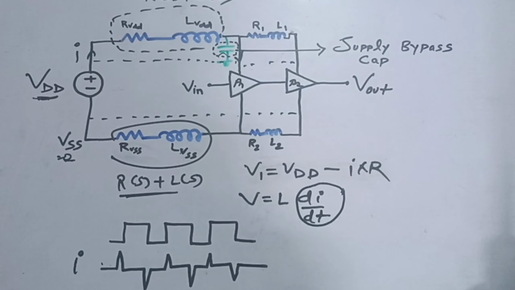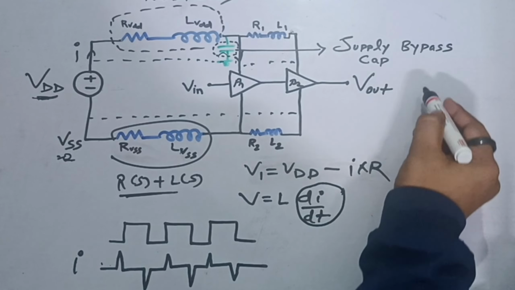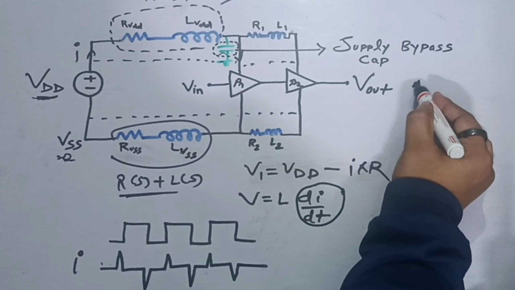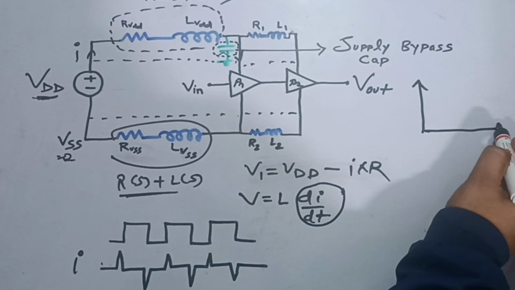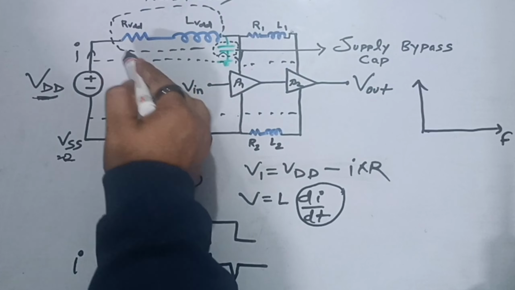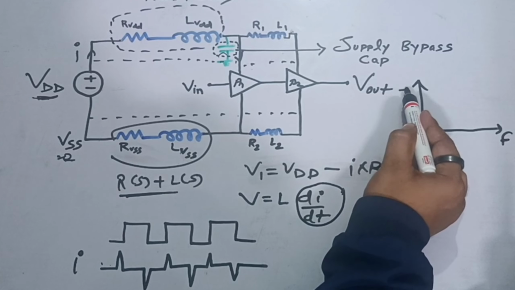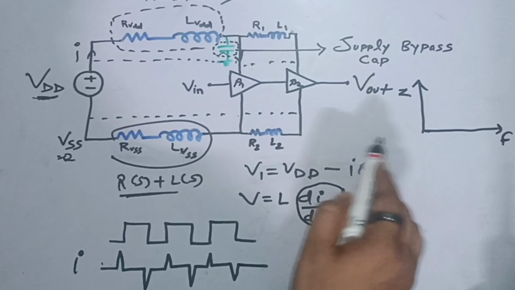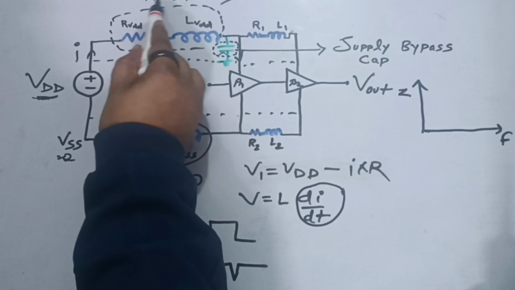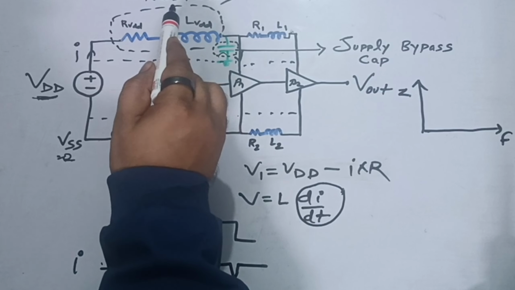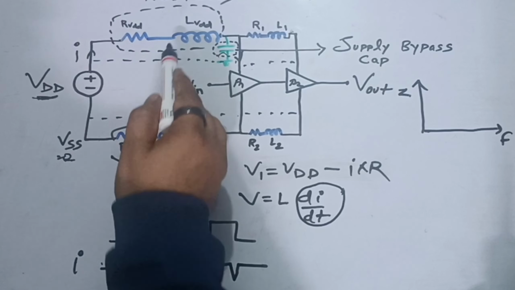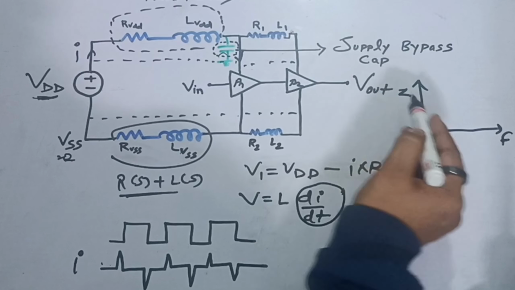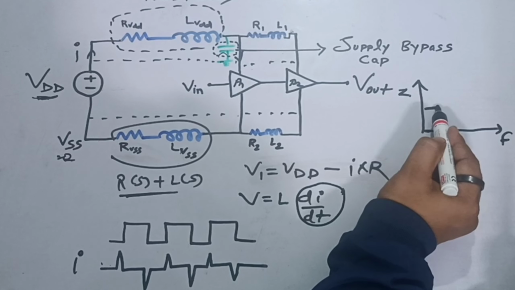Also, let's draw a graph of Z versus frequency, where Z is the impedance we are considering, to see how it varies with frequency. The overall impedance is Rs plus Ls. At DC, a very low frequency, the impedance offered will be only because of R, so it will be less.